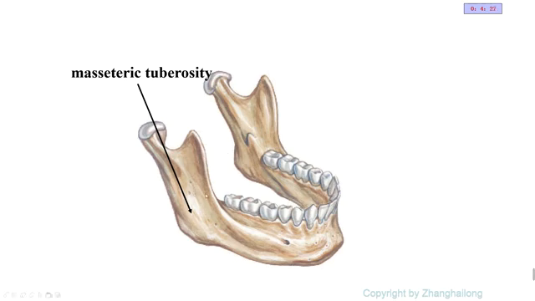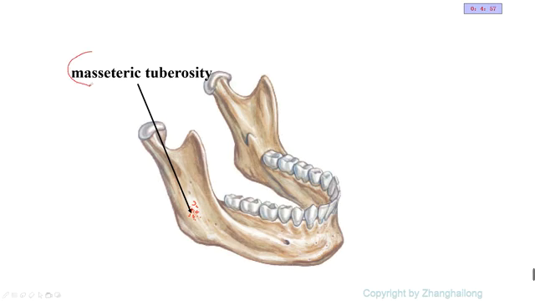And on the lateral surface of the ramus, there is the masseteric tuberosity. What's tuberosity? Tuberosity means that on the surface of the bone, there is a not smooth surface, with many small processes on it. The tuberosity is the insertion of some muscle.